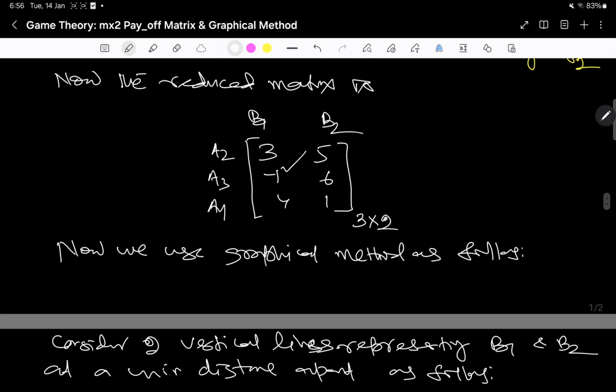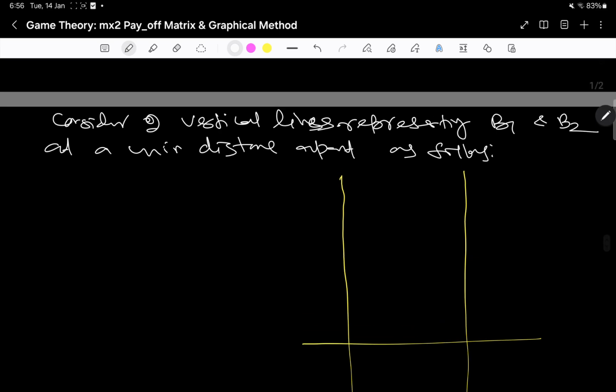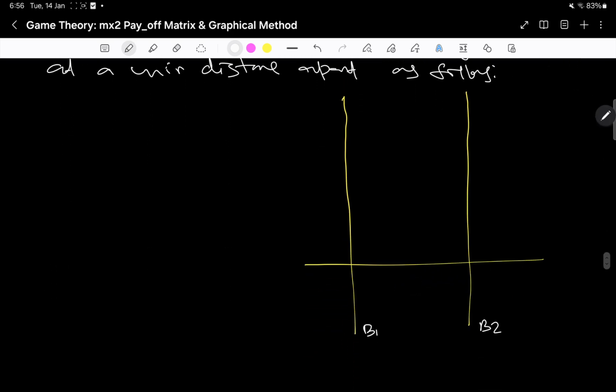So there is a negative -1. So you draw the lines like this. This is my B1, say, and this is my B2, say. In my B1 I have to write -1, 3 and 4. So let it be my -1, this is my 0, the same distance 1, 2, 3.